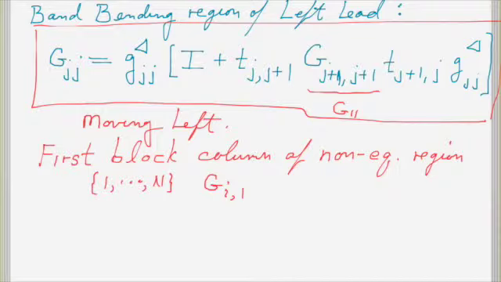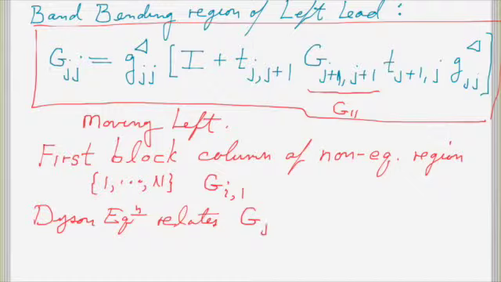Again, the way we attack this is we write a Dyson equation that relates G_J1 to G_J-1,1, because we have G11. Everything starts with G11. We have G11, so we're going to write a Dyson equation to get G21 and G31 and G41.